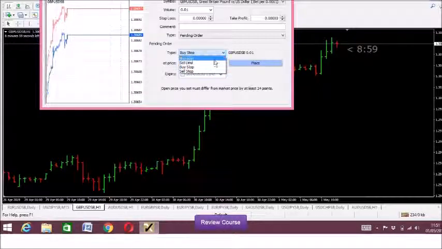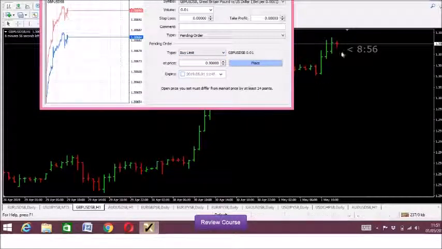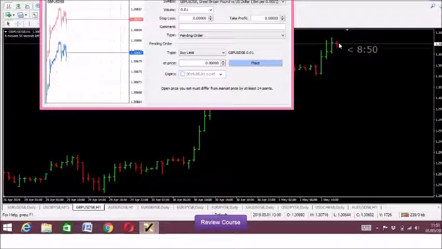Next one is buy limit. Buy limit is the best price you want to get at. So in this example I was giving you earlier, the property is at 200,000. You know Brexit is coming up, and you know the price is going to go down again. You say, okay, I don't want to buy now, I want to buy at the best price. So let's wait for the price to go down to 100,000, and then I will buy.